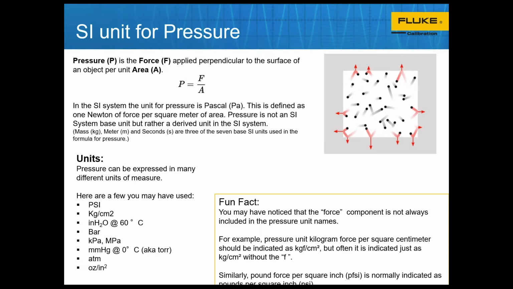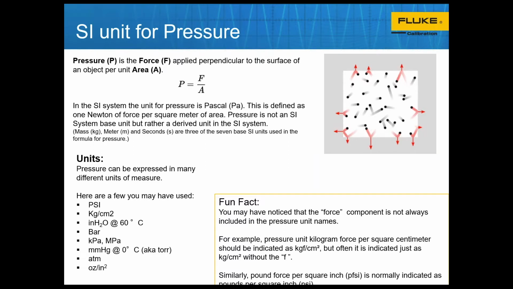So if we use the force as, for instance, PSI, sorry, pounds per square inch would be force over an area. You may have kilograms per centimeter squared, which may be a metric version of it. Every single one of those have some component of force over area as a part of their description of a unit.